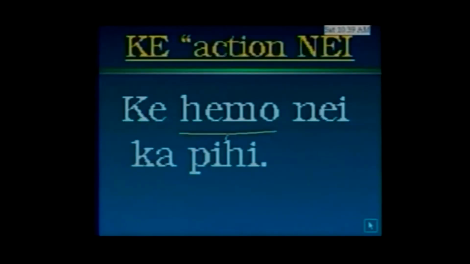So in that case, we wouldn't want to use this pattern here, ke hemo nei kapihi. We would want to use ua hemo kapihi, okay? So let's draw the big X over here so you all know this is not how to use it. Ua is a completed action.